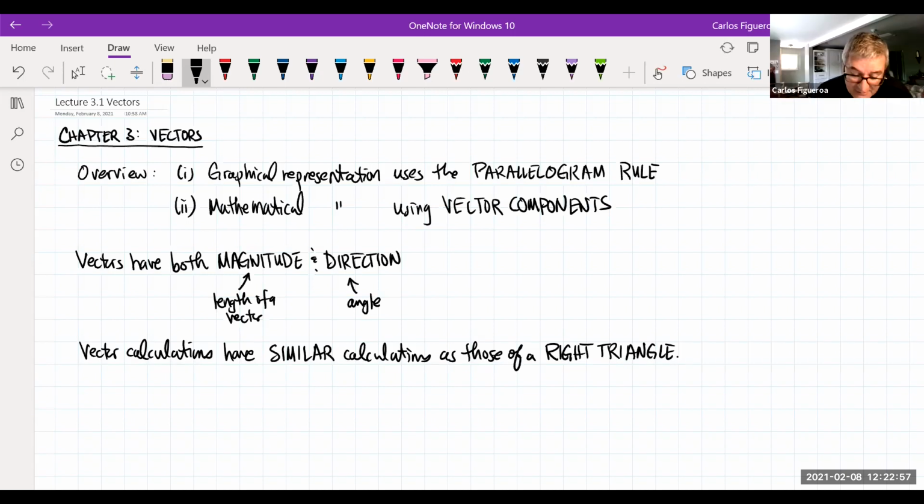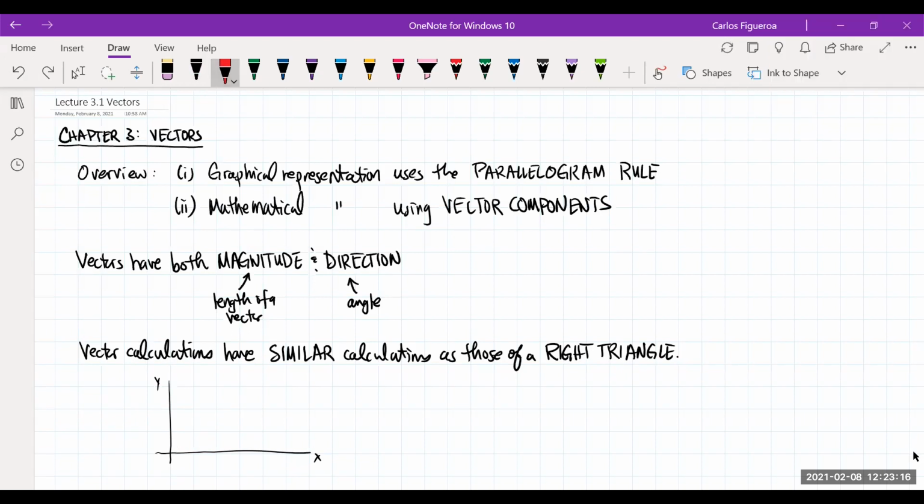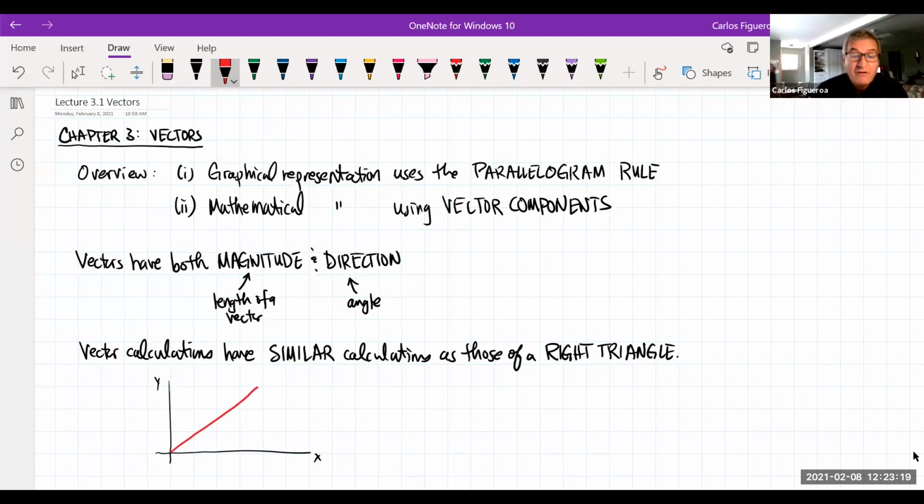What I mean by this is that if I look at a right triangle, you could imagine that I set up some coordinate system, which would be X, and this is Y. I can have a vector that looks like this. If I call this the vector A, we're going to be able to create what are called components.